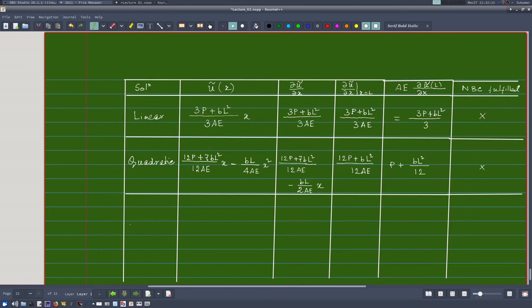And the cubic case we have already seen. The solution was twice p plus bl square by twice ae into x minus bx cube by 6ae.